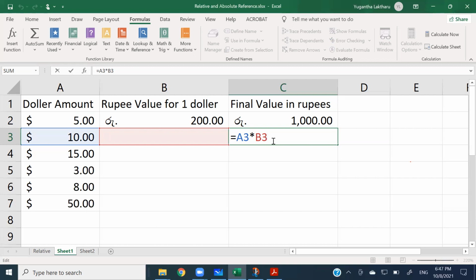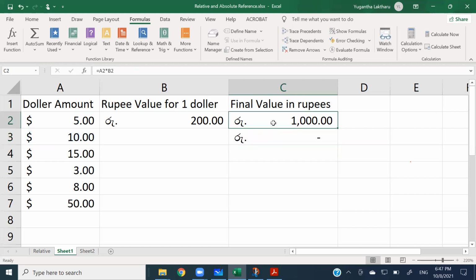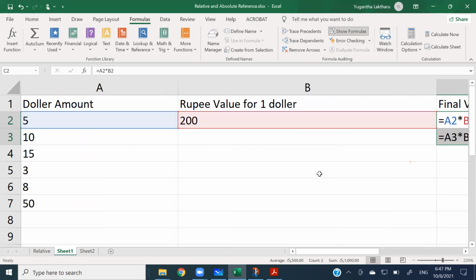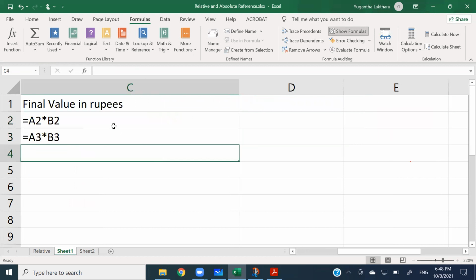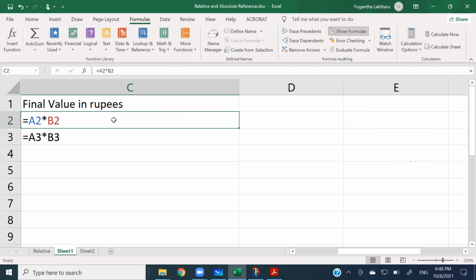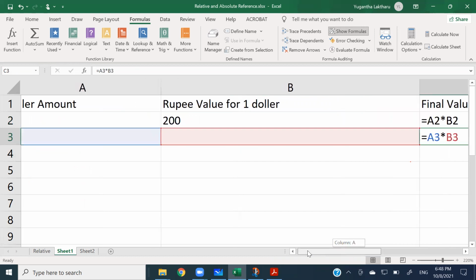That is what we know, right? As it comes down from above, the column is not changing, so 2 will become 3 eventually. Now if I show the formulas over here, these are the formulas. A2 into B2 is the first formula. Once I copy it right over here, it becomes A3 into B3. So that's the correct way of copying it.